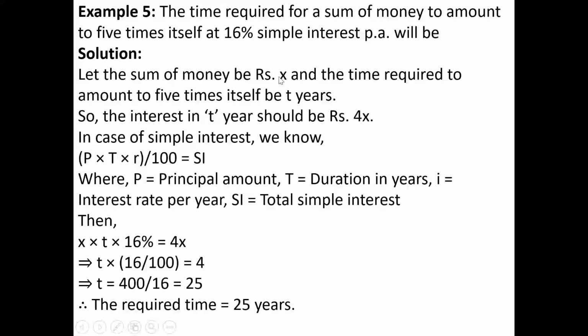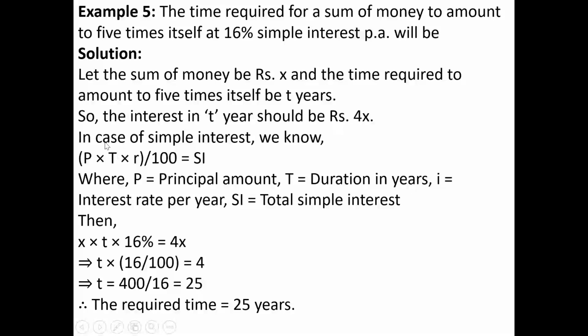Let the sum of money be rupees X and the time required to amount to 5 times itself be T years. Total time is also not given, so we have taken T years. So the interest in T years should be rupees 4x.